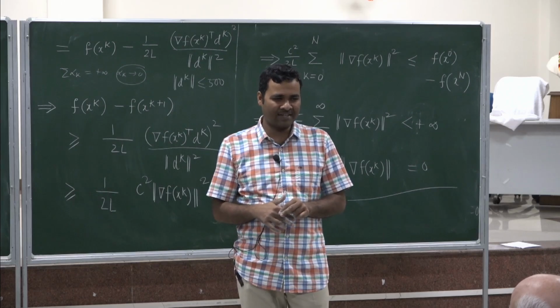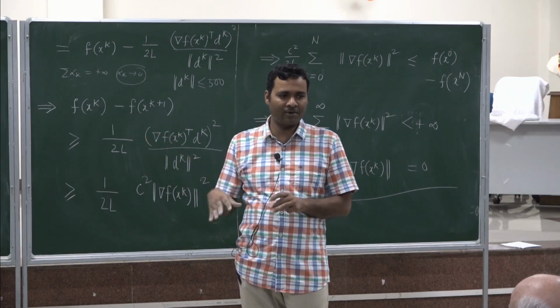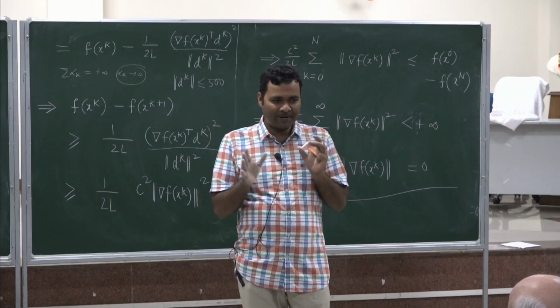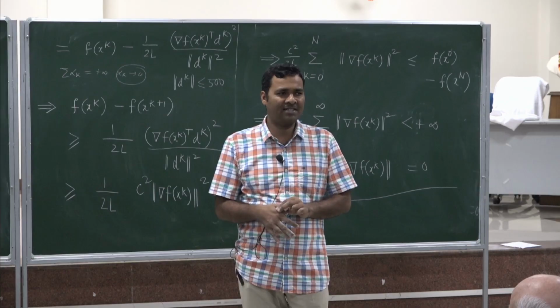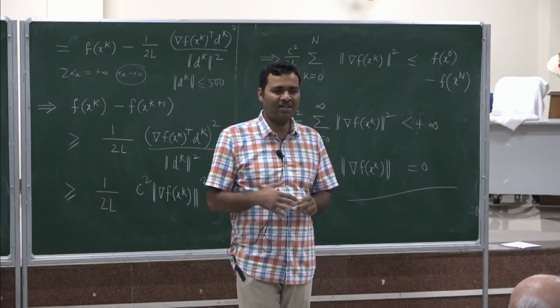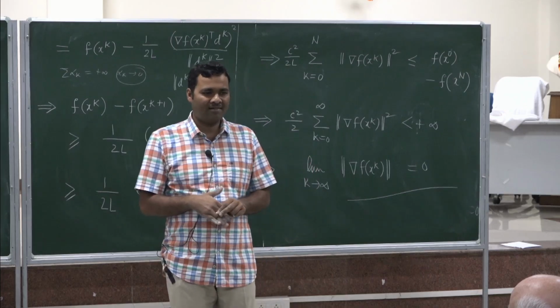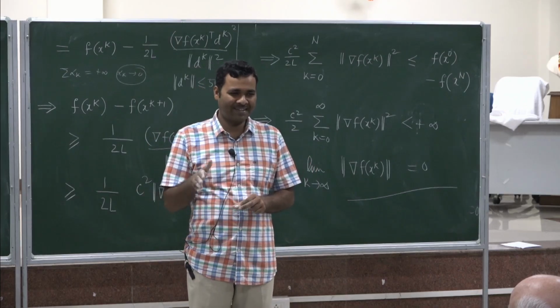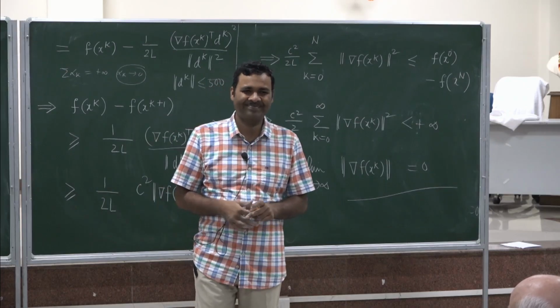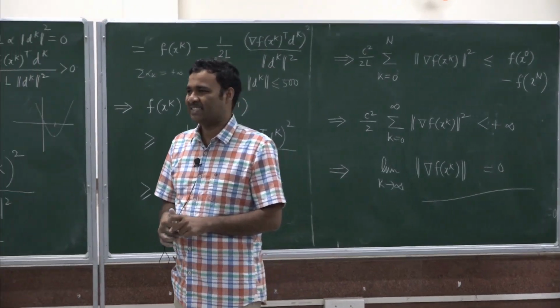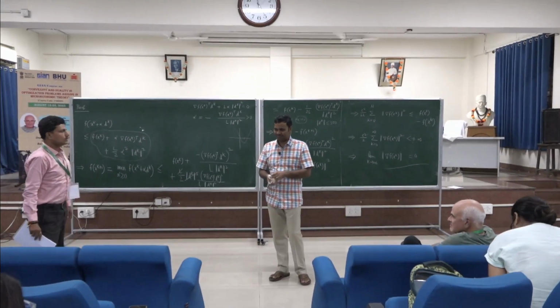We are thinking of any general function, not a particular function. For a general function, proving global convergence, sometimes we need to take some conditions, otherwise we may not be able to arrive at the result. Okay?